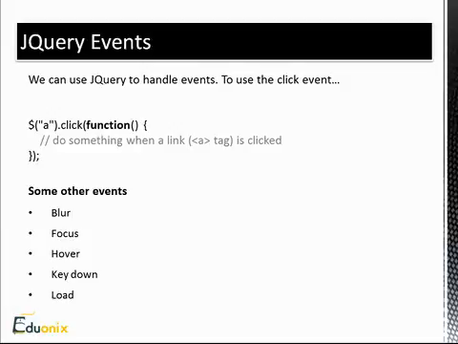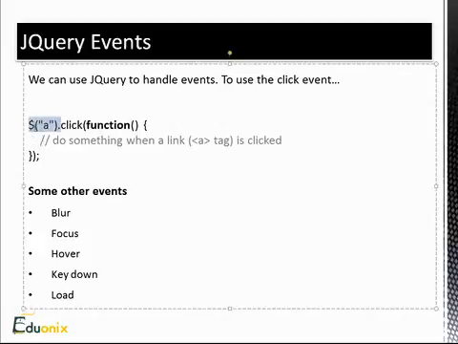jQuery events. Like I said, jQuery is very good at handling different kinds of events, and here we can see an example. We're saying all the a tags. We know that an a tag is a link, so we're saying all the links, when we click on a link, we're going to run this function, which has nothing here because this is just an example, but we could do, let's say, like we just saw, the addClass action.